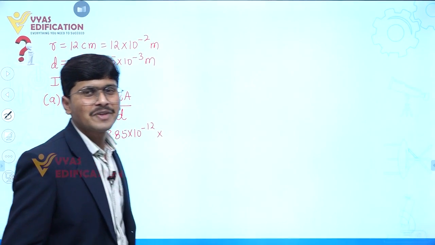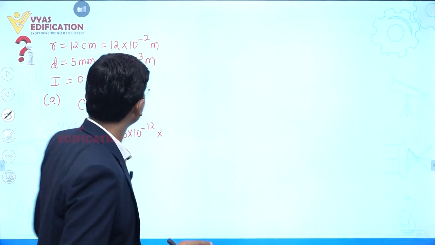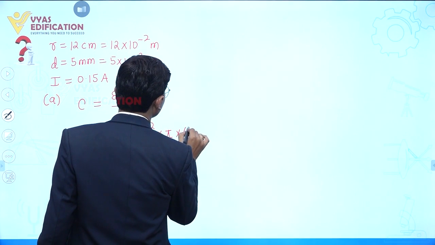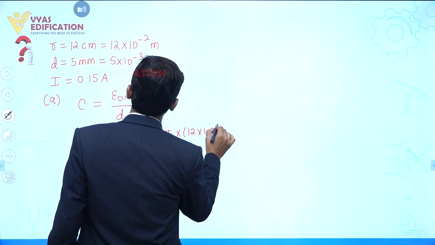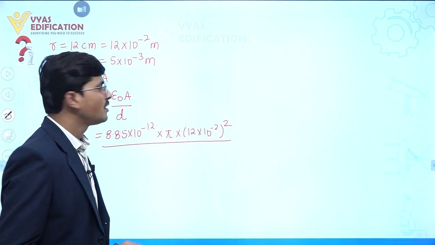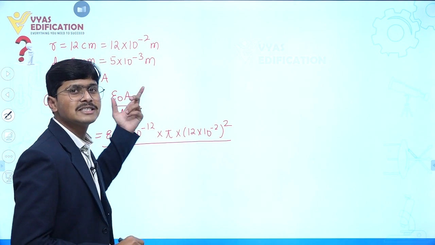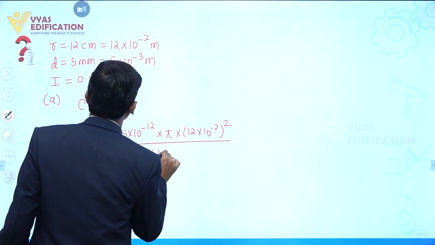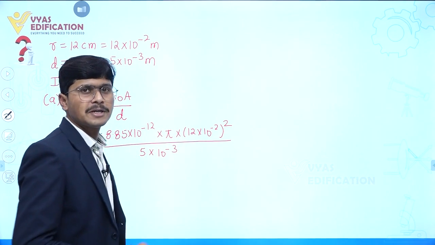What about area? Radius of circular plate is given, so area is pi r square, means 12 into 10 to the power minus 2 whole square, divided by d. d means the distance between the parallel plates, so this is equal to 5 multiply 10 to the power minus 3 meter. Clear?